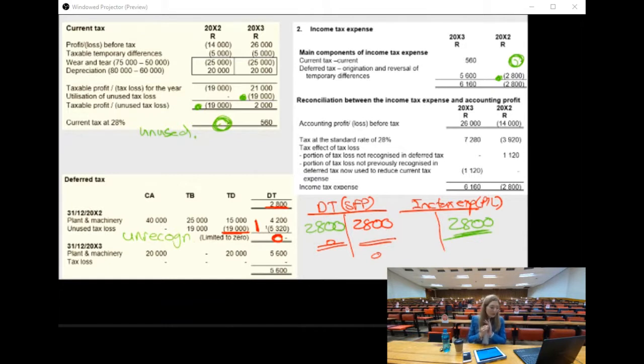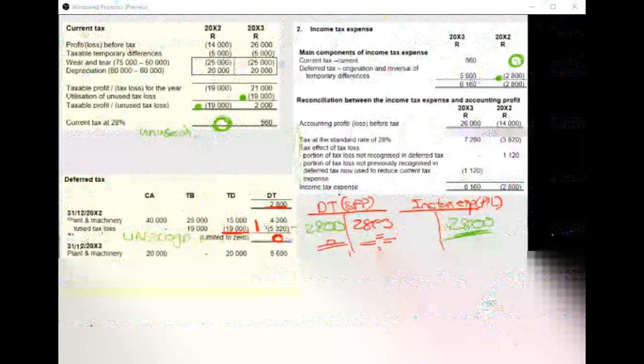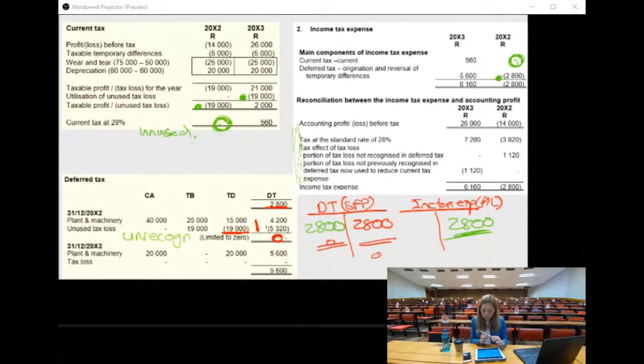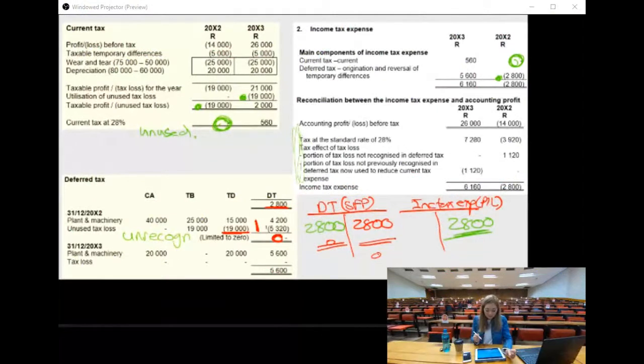And that portion of the tax loss, the tip of the pen is screwed in tight, thank you, that portion of the tax loss that is unrecognized now causes problems for us in our reconciliation. In our tax rate reconciliation, this now causes problems for us because we were not able to recognize that full amount.